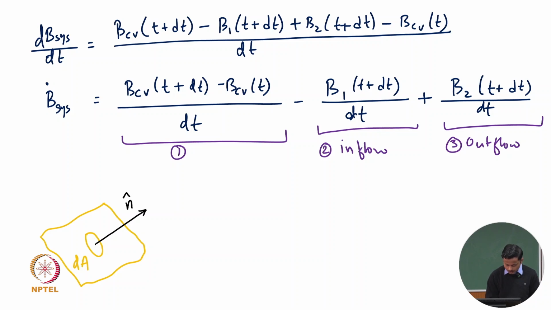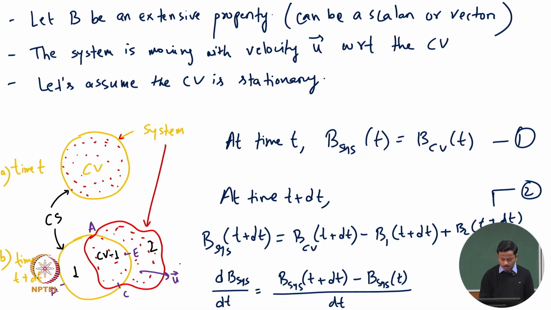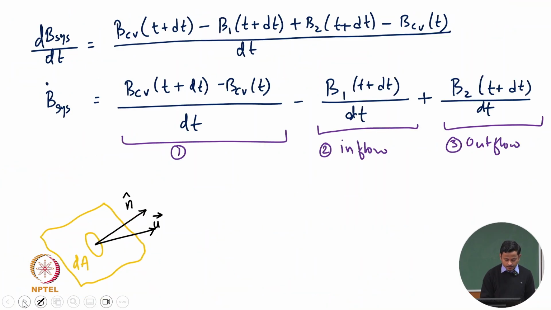So the area is a vector, and the direction normal to the area is the n cap direction, and the velocity u comes from the previous slide. This is the velocity by which the control surface is moving out. The system is moving out of the control volume through one side of the control surface. So this is vector u, and u can be arbitrary, of course.